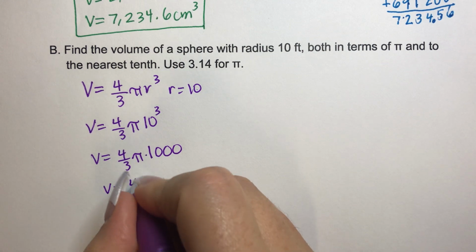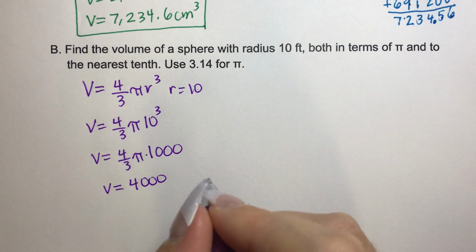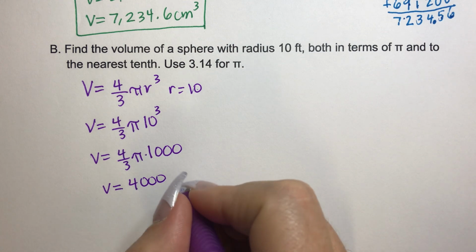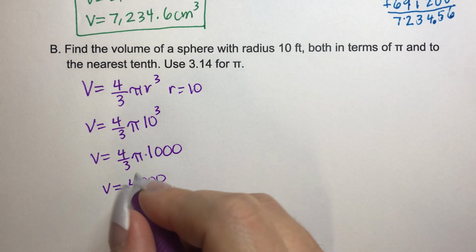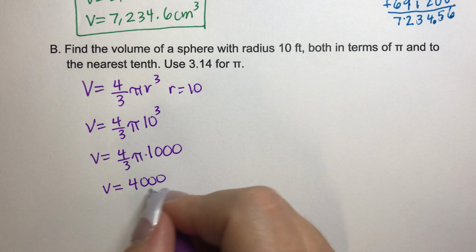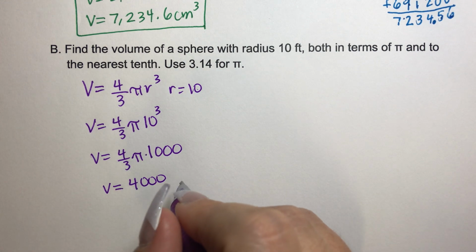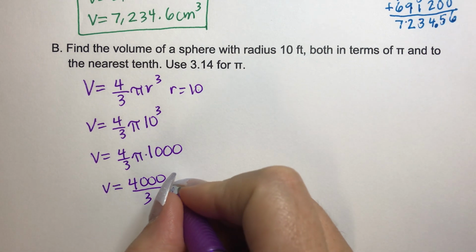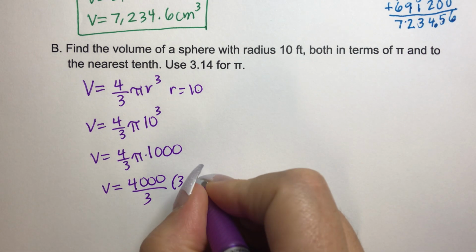And I don't know if that's divisible by 3 evenly. Well, 4 plus 0 is just 4, and 4 wouldn't be divisible by 3. So we'll just go ahead and multiply it by pi, which is 3.14.